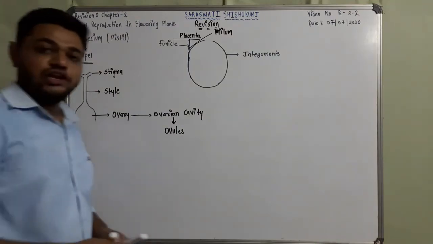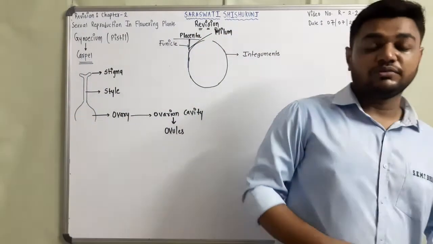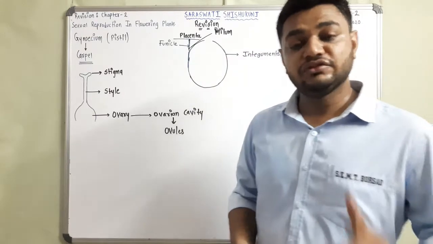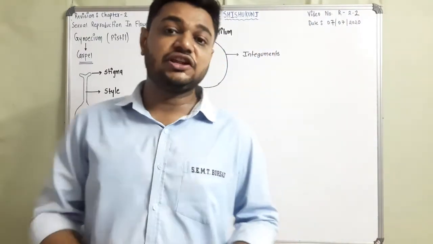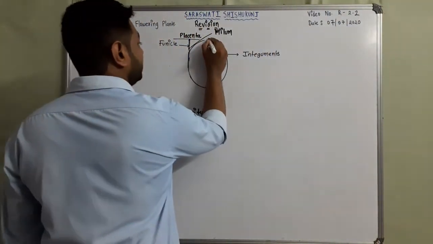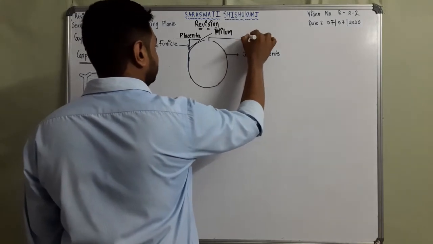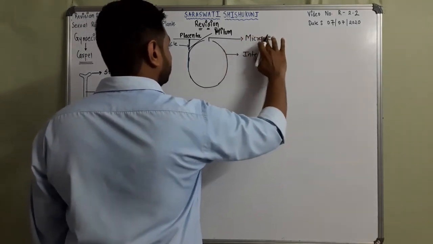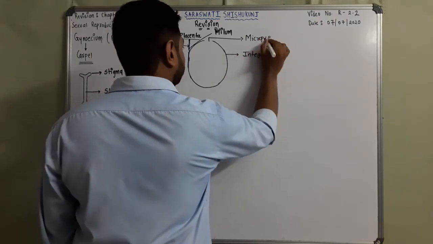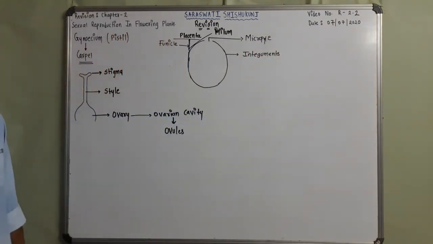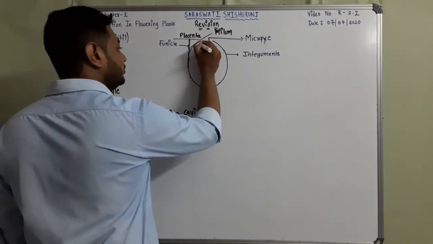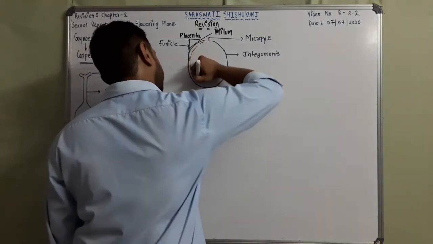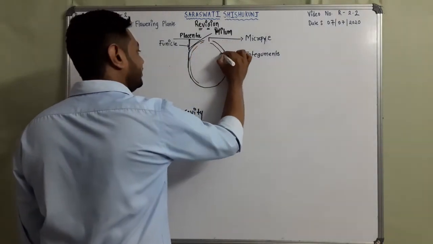Now, integuments are one or two layer protective coats. They are continuous except at one part, the tip of the ovule, forming a micropyle. The opening is referred to as micropyle, right? At the tip of the ovule, it leaves a pore referred to as micropyle. So these are two layered integuments, right?